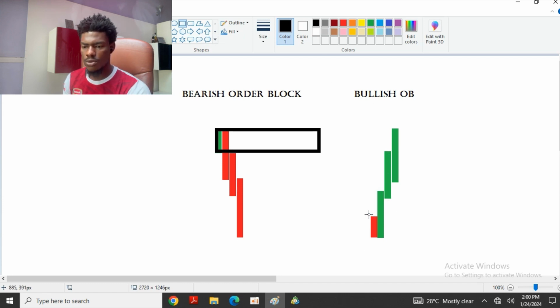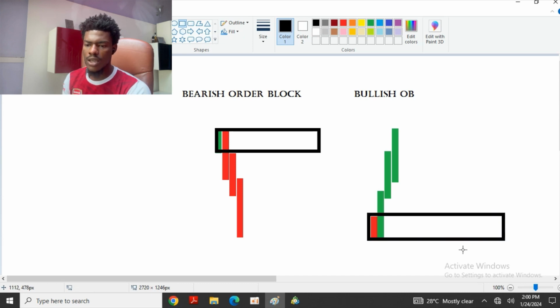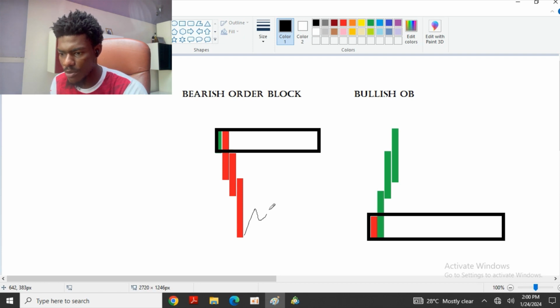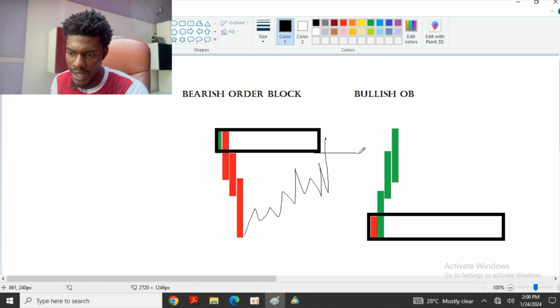All right, so you immediately draw your order block. You wait for price to do its thing. In a bearish order block, price should just go play, then come inside of it, then you enter here, put your stop loss above here, and the market will just rally down.